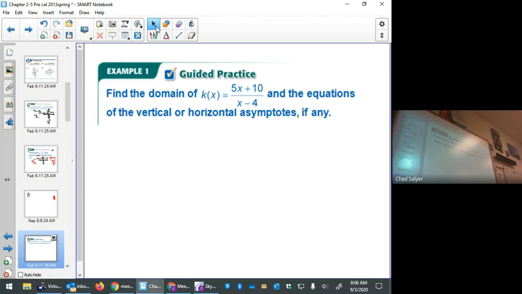Can you tell by looking? Or you can go out to some pretty large x values if you need to.